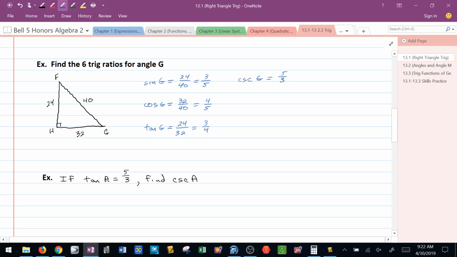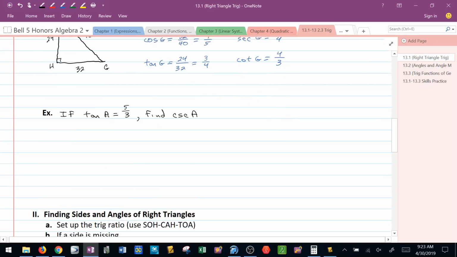There we go. That's the reciprocal. C and S. So cosine has to go with secant of G. Take its ratio and find its reciprocal, 5/4. And then the cotangent of G would be the reciprocal of the tangent, or 4/3.